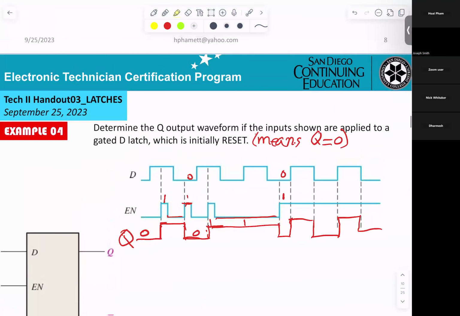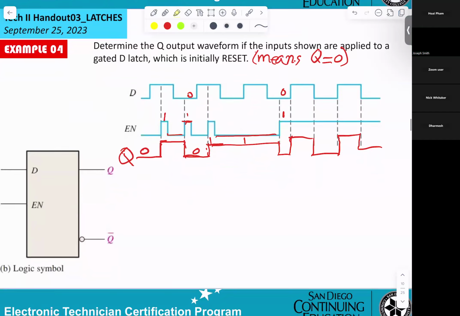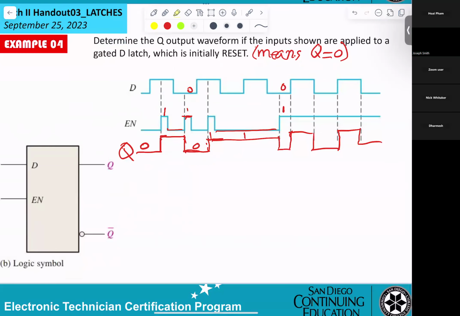Same thing here with input D and enable: when enable equals 0, Q cannot equal D. When enable equals 1, Q equals D. You really have to know that.